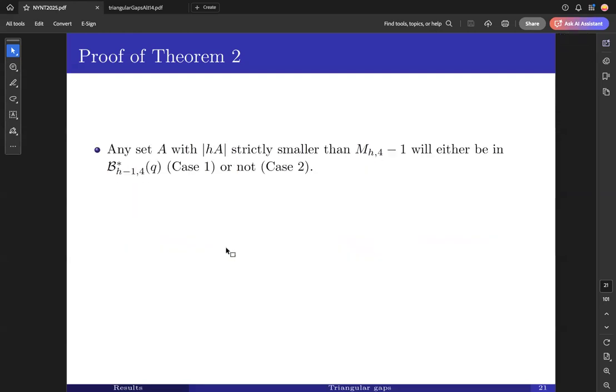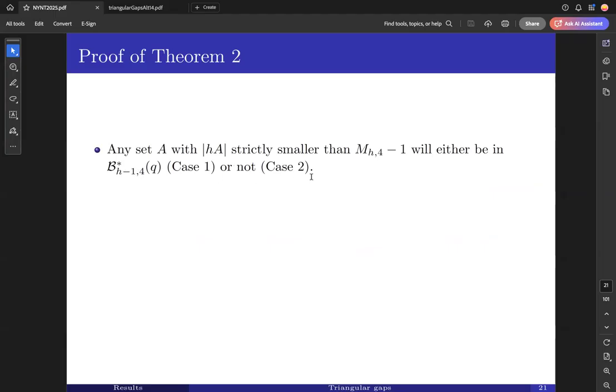So any set A with size strictly smaller than the maximum minus 1 will either be in a B sub h minus 1 star, or it won't. So it'll either be a B sub h minus 1 set, or it won't.